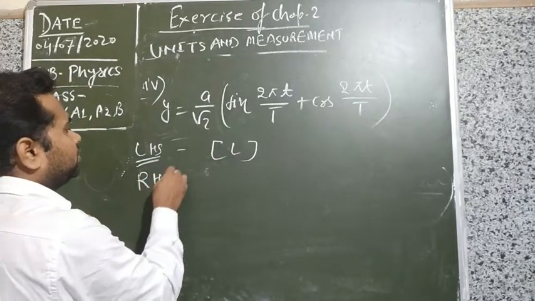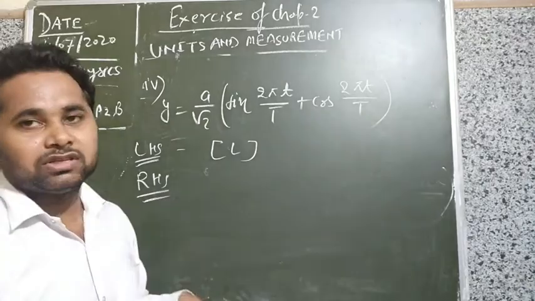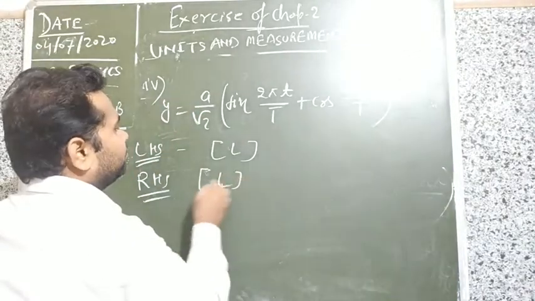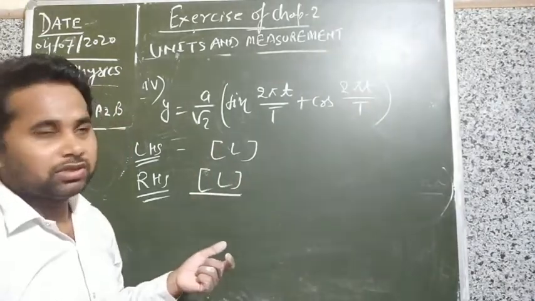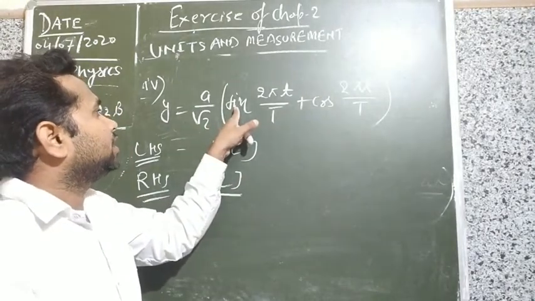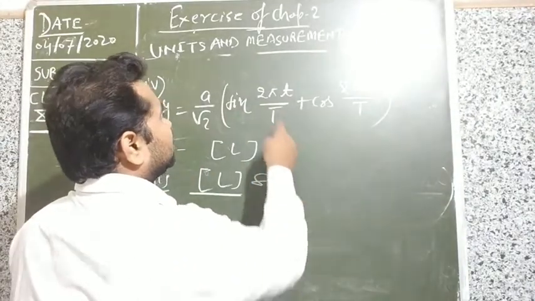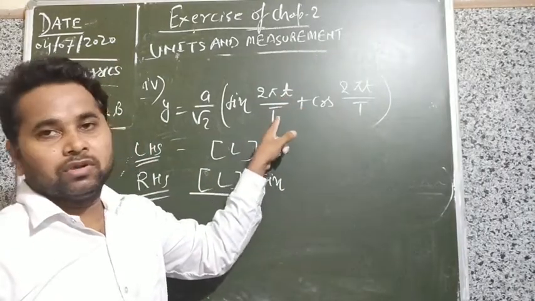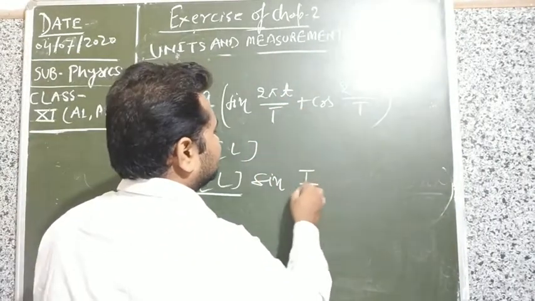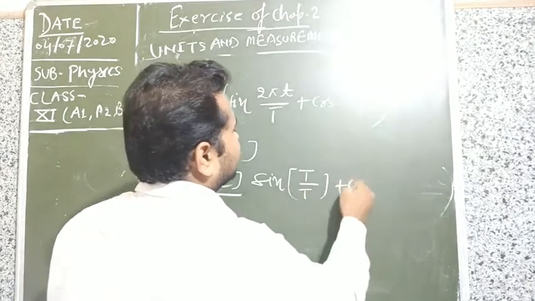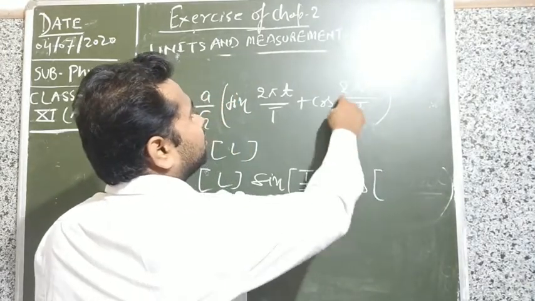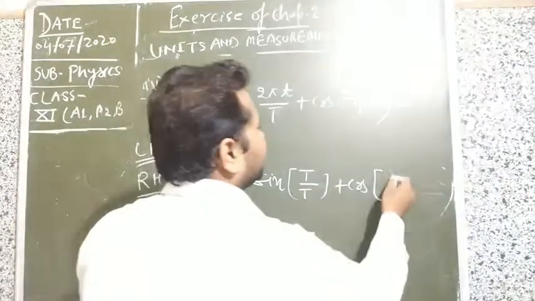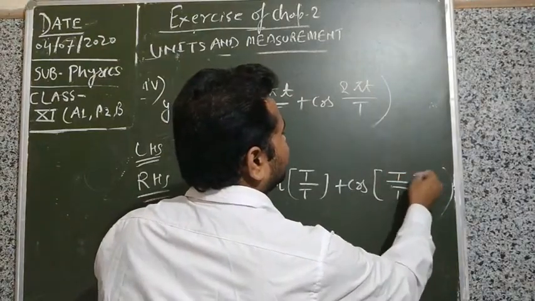On the right hand side, A is the amplitude, and its dimension is L, and root 2 has no dimension. In sin, 2 pi has no dimension, and t by T is time by time, no dimension. Plus cos, again t by T, because 2 pi is a constant. We only have to take the dimension of the variables.